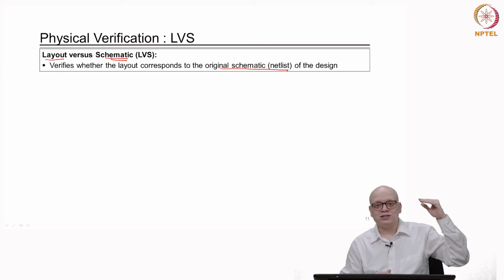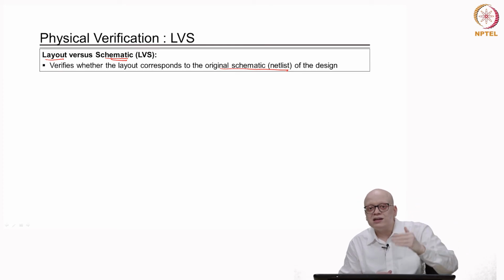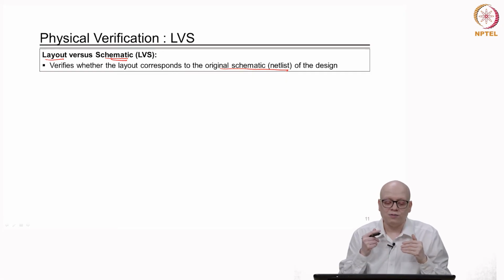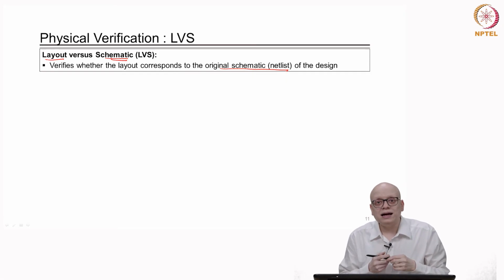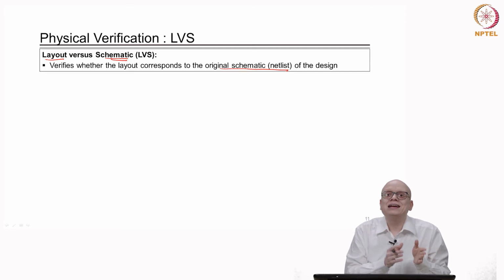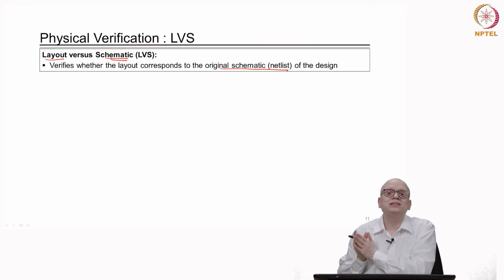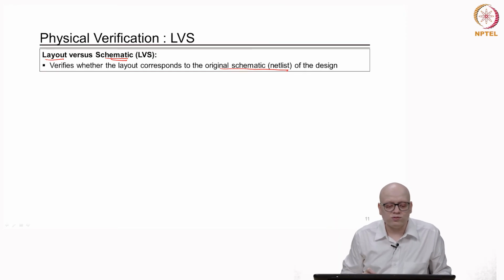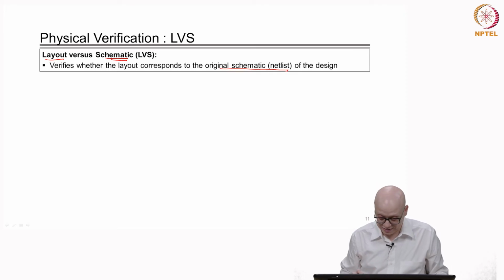After logic synthesis we got a netlist, and using that netlist we went through the physical design tasks, and at the end of that we have our layout. Now, we want the layout to deliver the same functionality that our original netlist was delivering, and that is the basic purpose of layout versus schematic check.